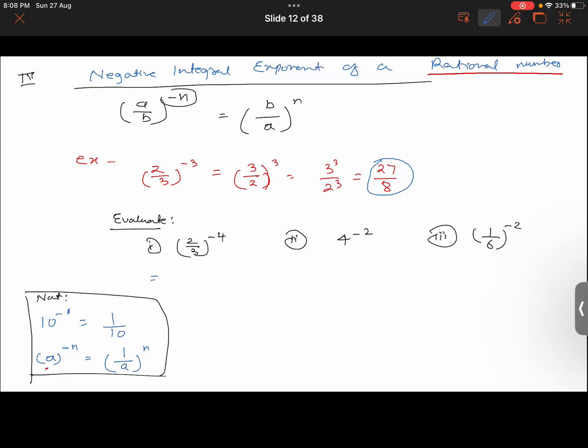Just look at the above example. The same thing you have to do here as well. Just copy the same method. It will become very easy. Yes, Arhan, second one's answer is correct. Good.